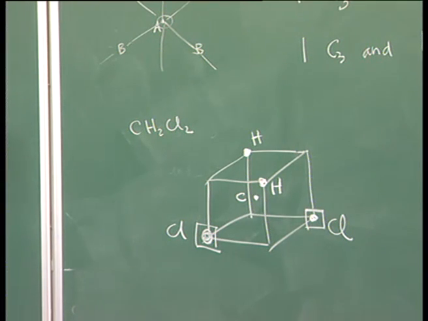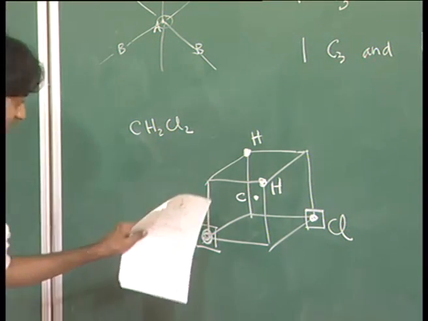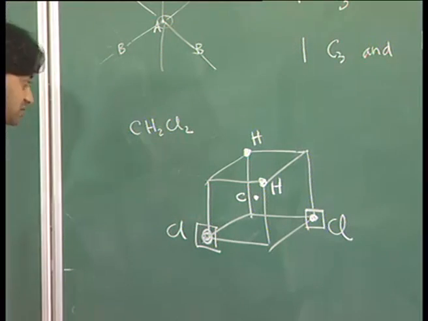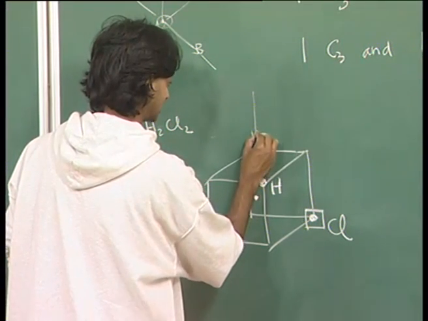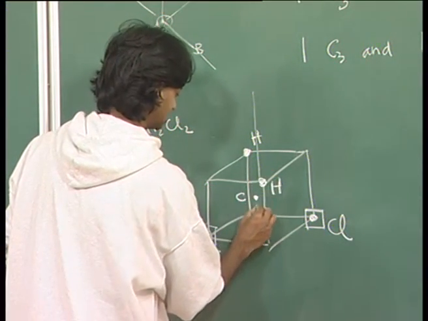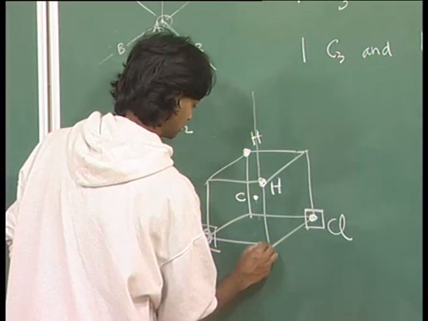Okay. Now, in order to answer that, this cube is actually a very good way to see it, because you can immediately see an axis that goes this way, passes through the center of the cube and then comes out from the other side.